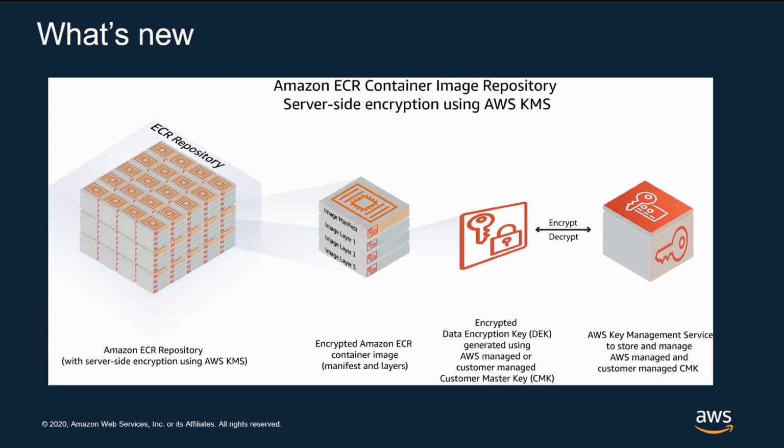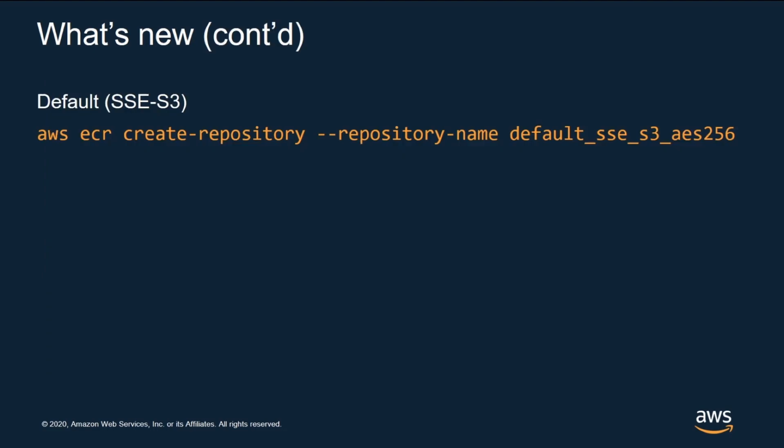In the previous demo, you may have noticed that we created a repository without providing any KMS parameters using the AWS CLI. This created the repository with the default SSE S3, or server-side encryption with S3, which uses the industry-accepted AES 256 encryption algorithm.